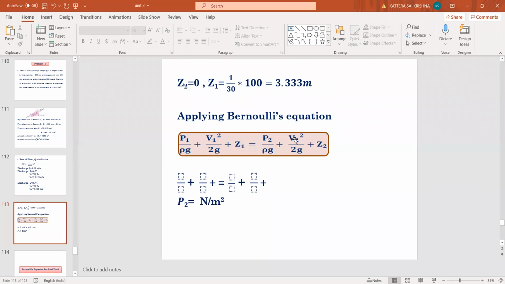After getting Z1, now use Bernoulli's equation. Applying Bernoulli's equation: P1 by rho g plus V1 square by 2g plus Z1 equals P2 by rho g plus V2 square by 2g plus Z2.